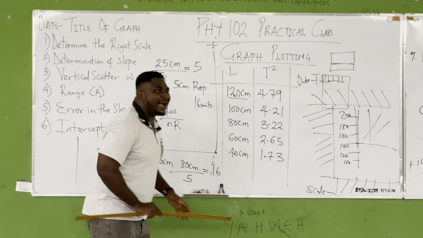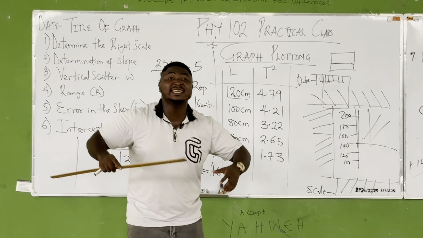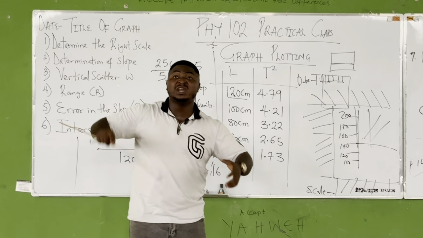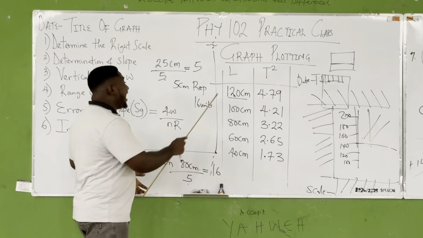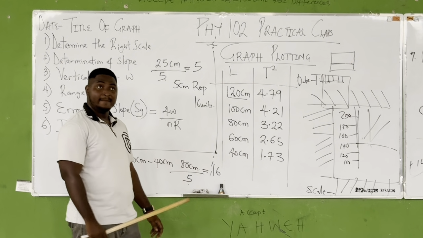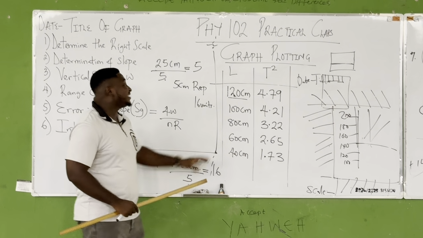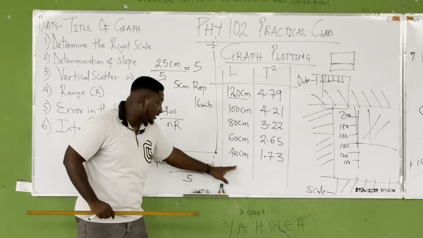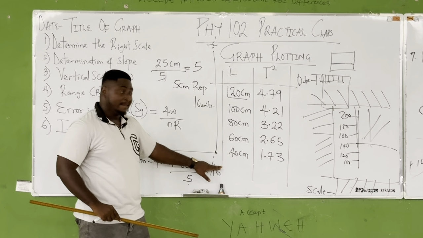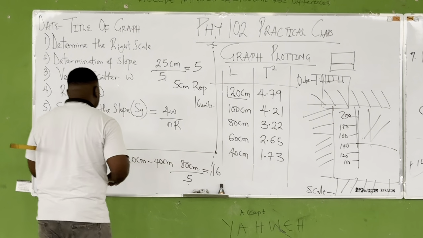So how do you achieve that? How do you ensure that you don't have useless or unnecessary points on your graph that you will never use? Take the highest point on your L axis and the lowest point. 120 minus 40 is 80. So the stretch of your graph is between 120 and 40.